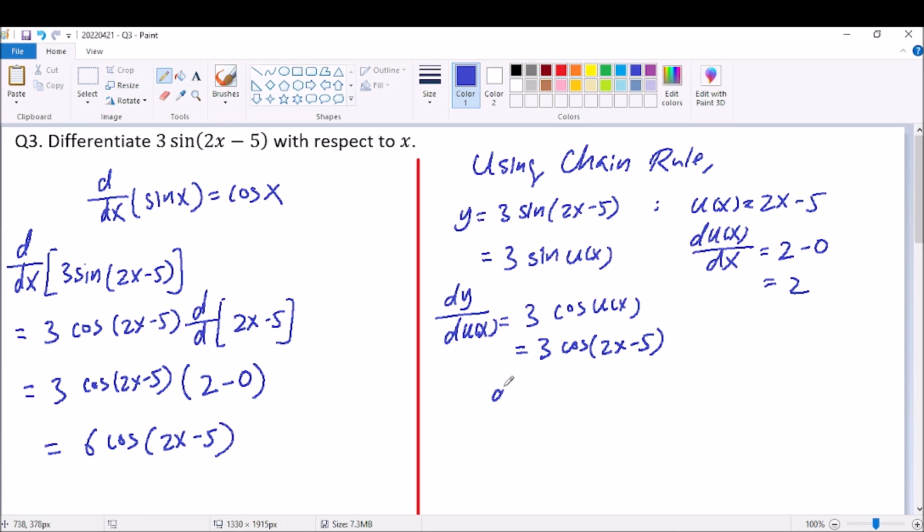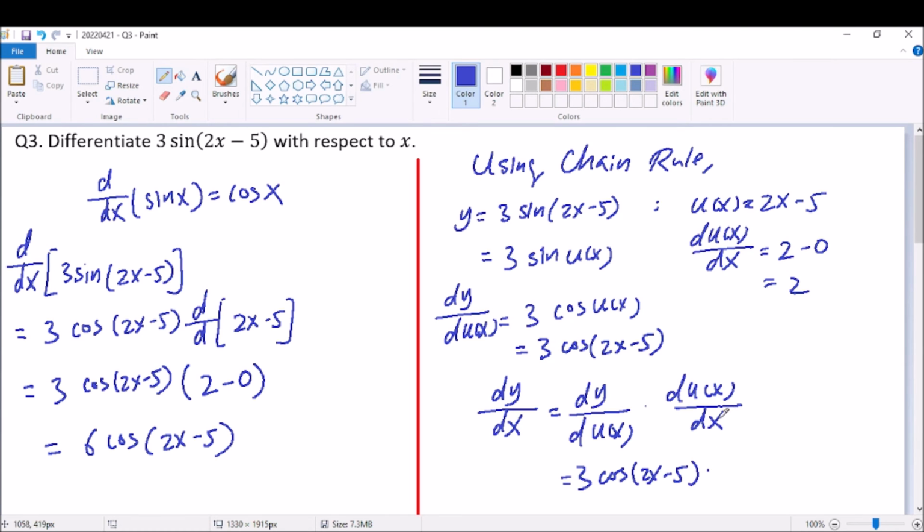Now we apply chain rule, dy over dx equals dy over du multiplied by du over dx. So dy over du is 3 cosine (2x minus 5), and du over dx is 2. So we get the same expression, 6 cosine (2x minus 5).